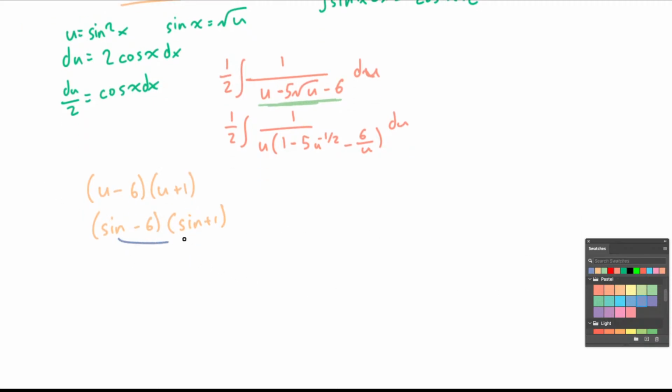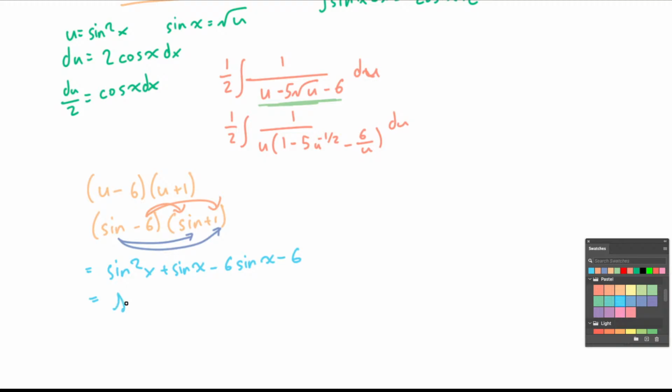So this goes here, this goes here, this goes here, and this goes here. And we are left with sine squared x plus sine x minus 6 sine x minus 6.